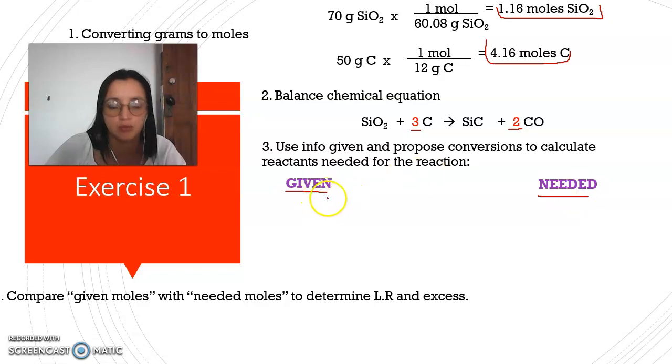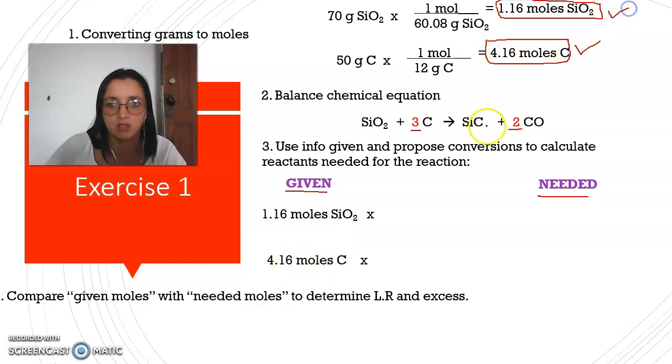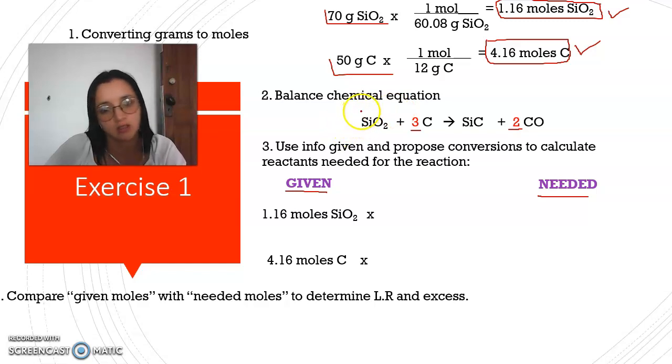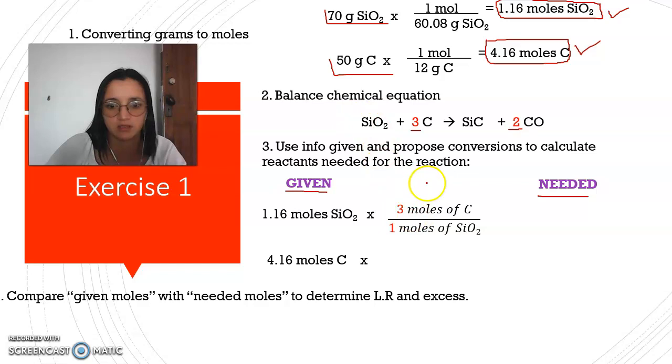So given is what the problem is telling me, in this case these amounts that we got after the conversion: 1.16 moles of silicon dioxide and 4.16 moles of carbon, our initial amounts, coming from the grams given in the problem. And remember that always our reference is the balanced chemical equation. In the analogy that we looked at, this is our recipe with the amounts that we need to use. So this is our main reference and our main base for these exercises.